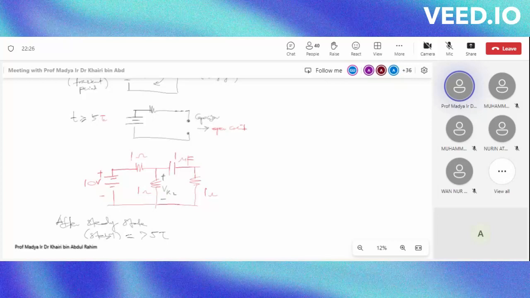So what happened here to the capacitor? Capacitor becomes open circuit, right?